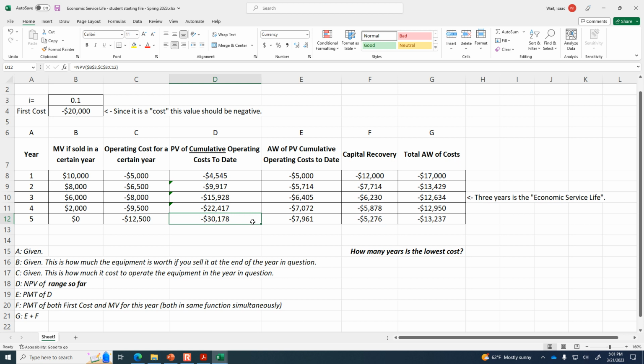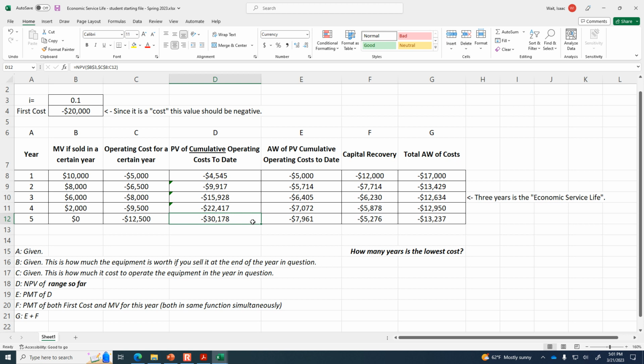Okay, so we're just looking at the operating costs. 0, 1, 2, operating costs, it's 5,000, 6,500, 8,000, 9,500, and 12,500.